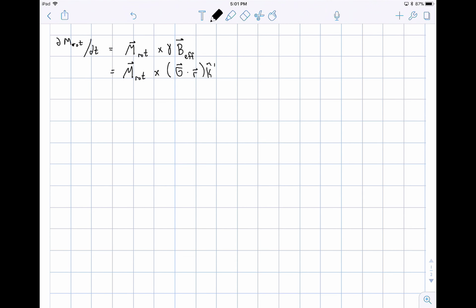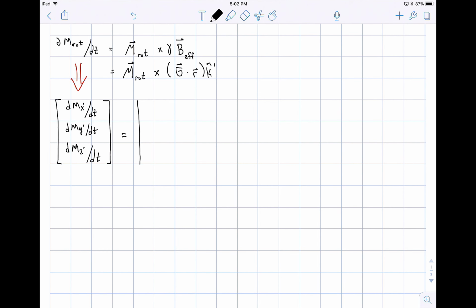We'll write out the system of equations and talk about solutions, right? On the left-hand side, this represents three different equations: what's happening in dMx'/dt, dMy'/dt, and dMz'/dt. That's just this term.